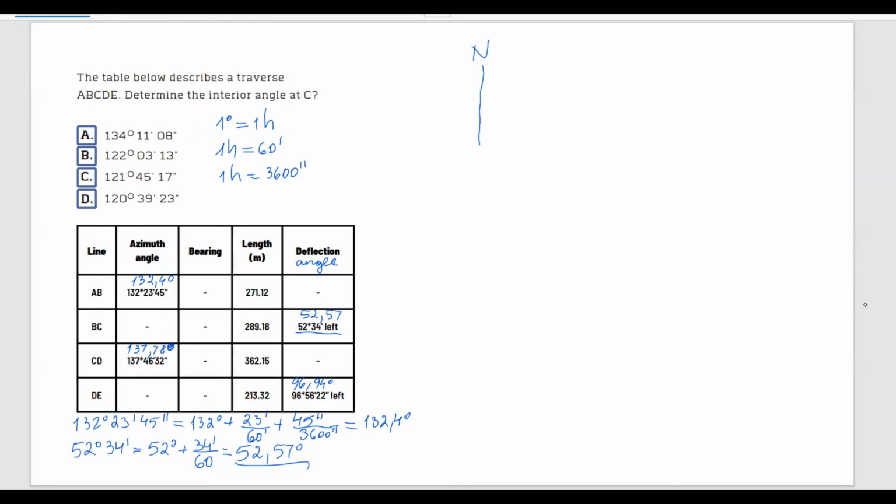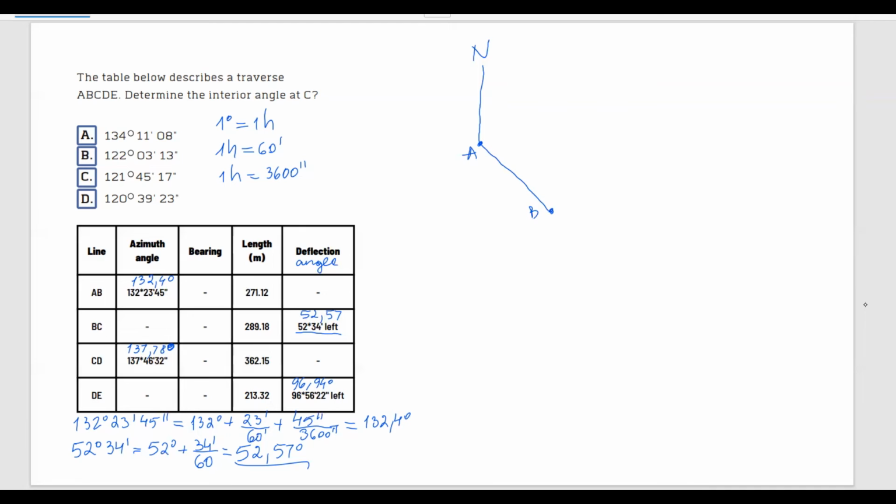We know this is 90 degrees, 132.40 is going to be looking something like this. This is A, and this is B. So far, so good. And the length is 271.12 meters.